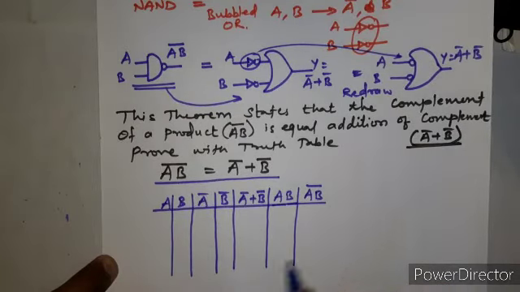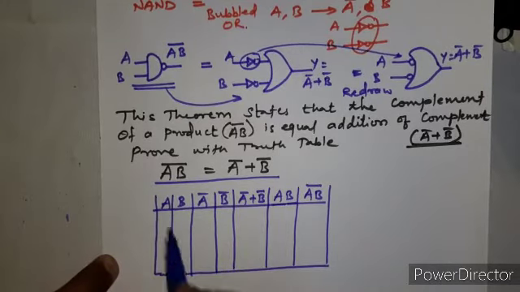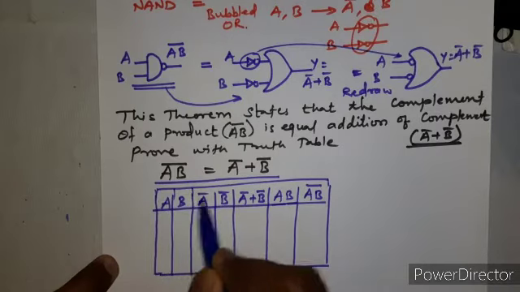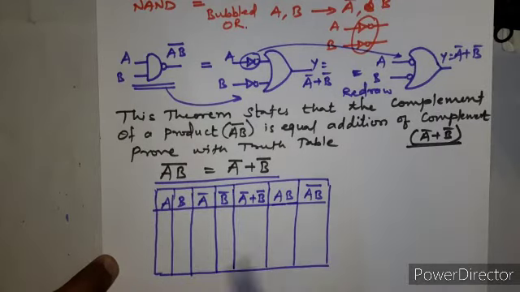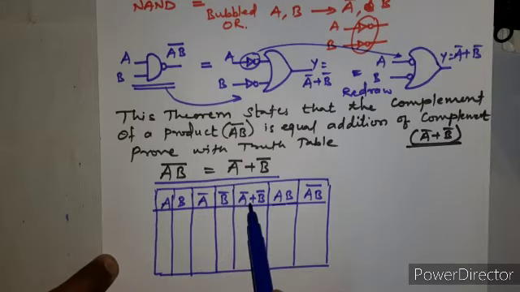Okay, do we have anything else here? No, everything we have considered: A, B, then A bar single term, B bar single term, then their ORing, then simply this A into B and its complement, right?